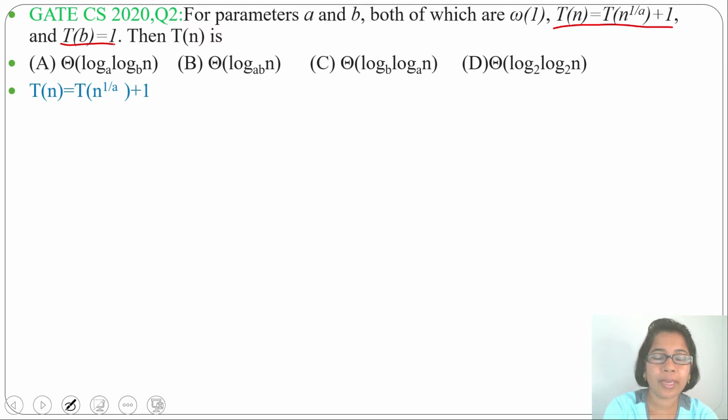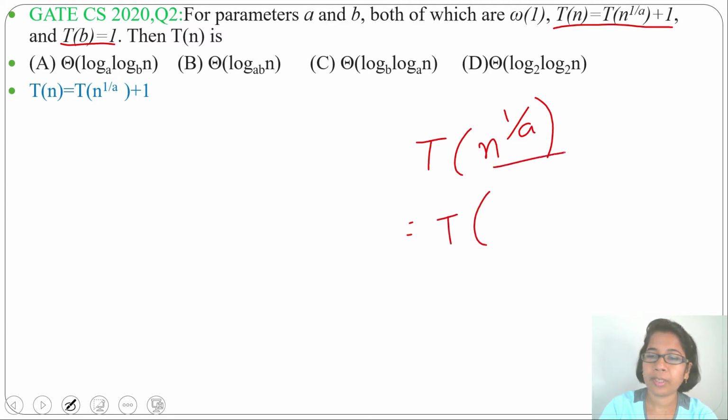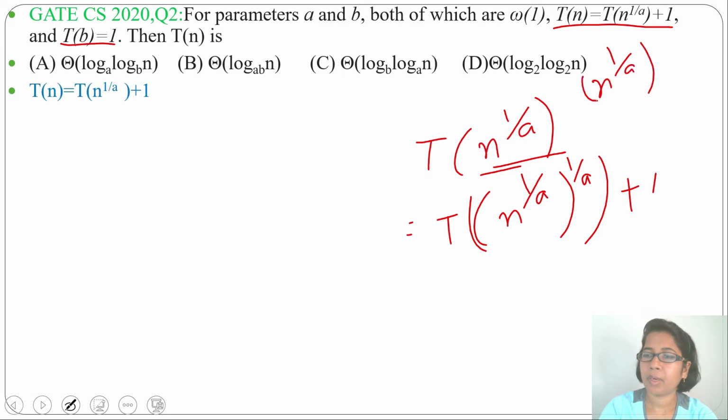So T of n equals T of n power 1 by a plus 1. Now what will be T of n power 1 divide a? It will be T of whatever n is given. Now n is n power 1 by a, so we write n power 1 by a, whole power 1 by a, plus 1. So n power 1 by a power 1 by a will be n power 1 divide a square.